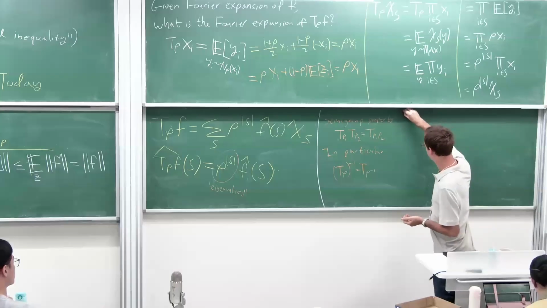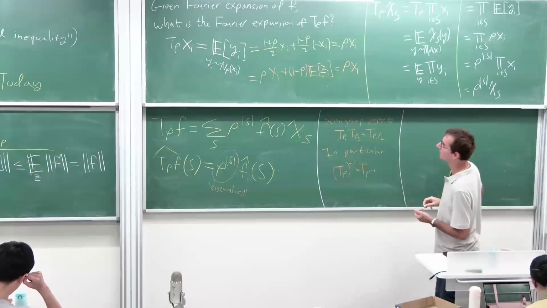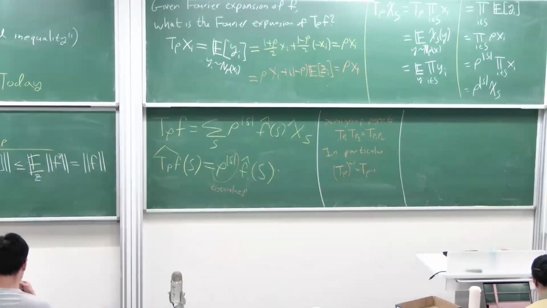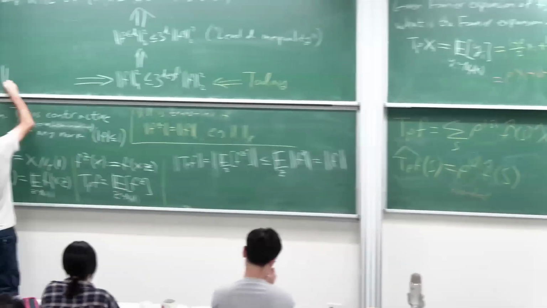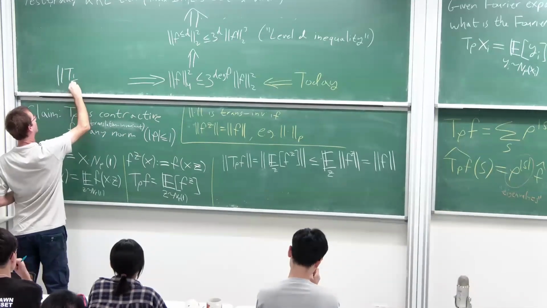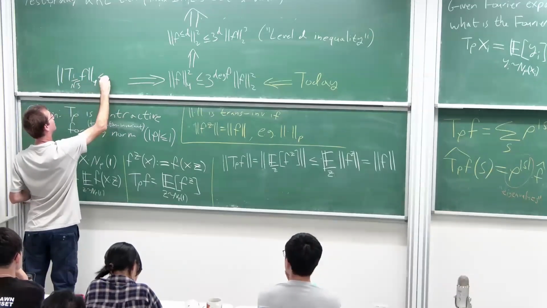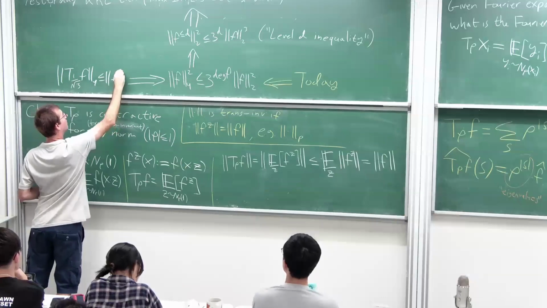Okay, and now let's state it here. This is going to follow from: T 1 over square root 3 f 4 is at most f 2.